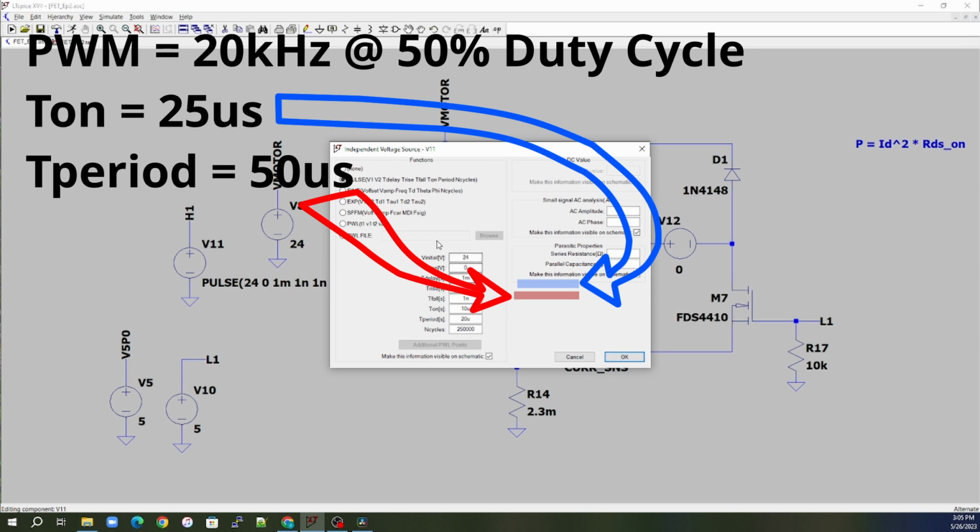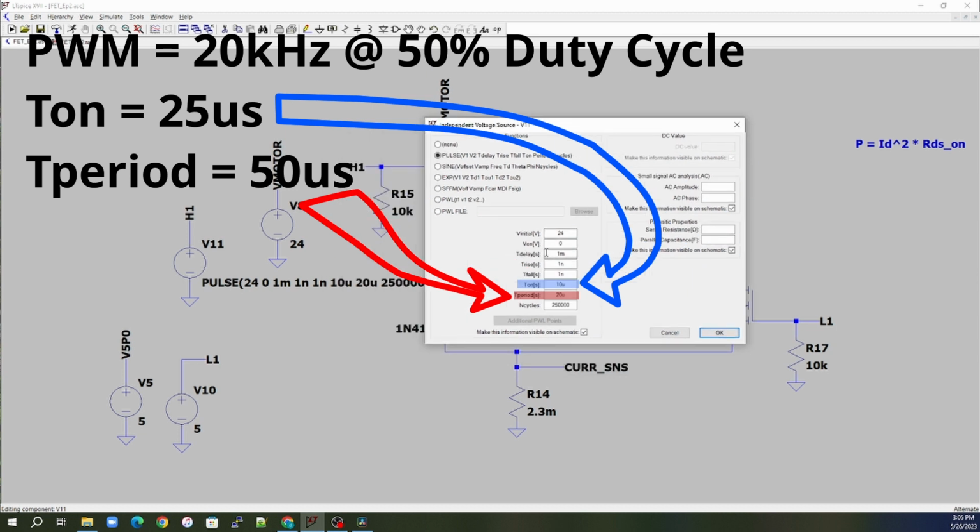So we're going to go ahead and change our runtime, and we're going to have a time on of 25 microseconds and a period of 50 microseconds. A 50 microsecond period is a 20 kilohertz pulse. So we'll run the motor at 20 kilohertz, and this will be about a 50% duty cycle.